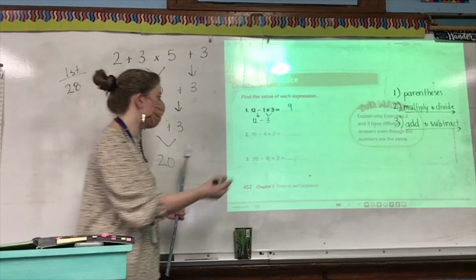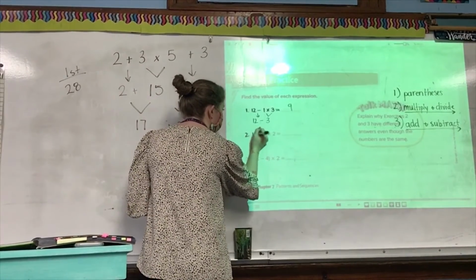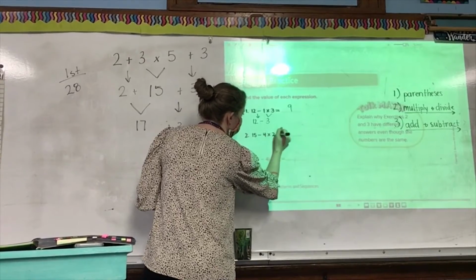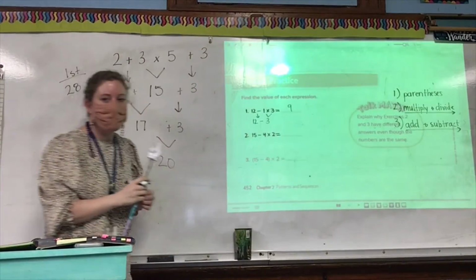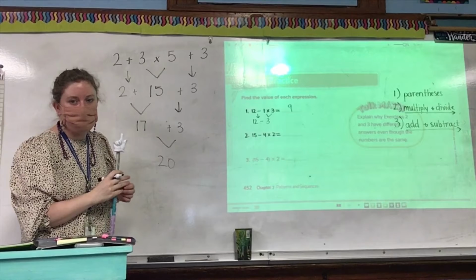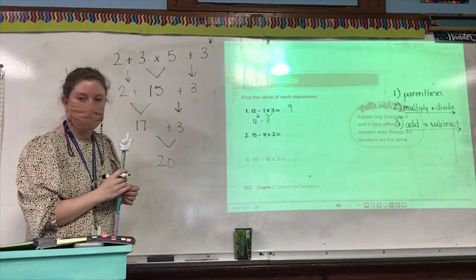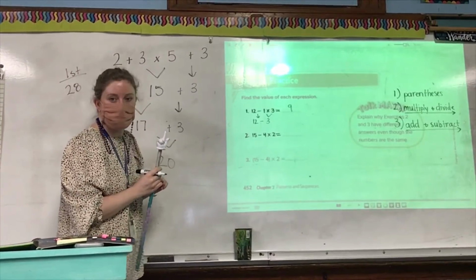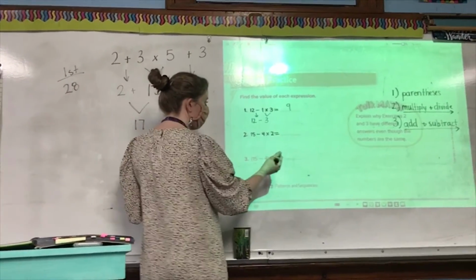Yes. So everybody on their separate sheet of paper should already have number 2, 15 minus 4 times 2 equals, and now we're doing step 2, so what are we going to do right now, Zari? We're going to draw a caret under the 4 times 2.